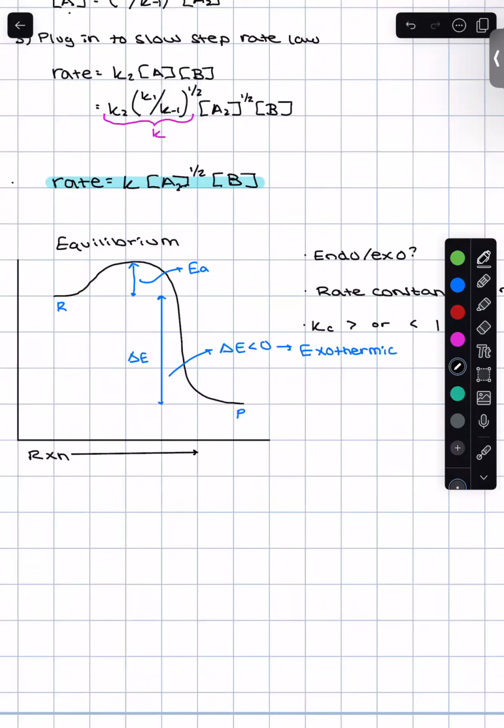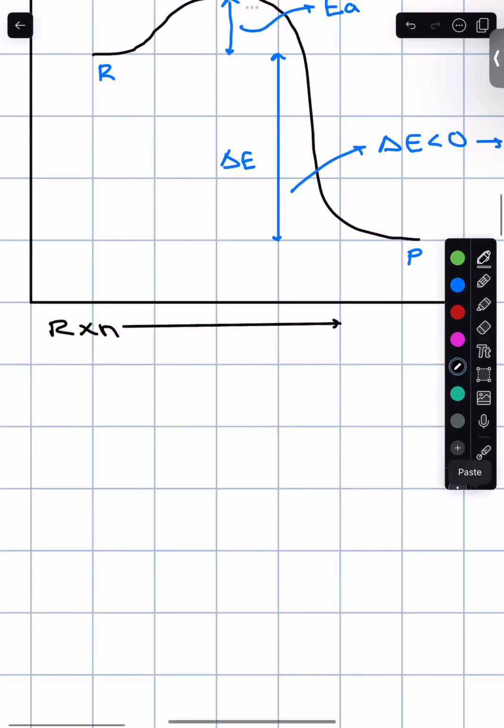We know that. But which one of these is more favored, the forward or the reverse reaction? Is it reactants because it takes less energy? Exactly, the forward reaction.